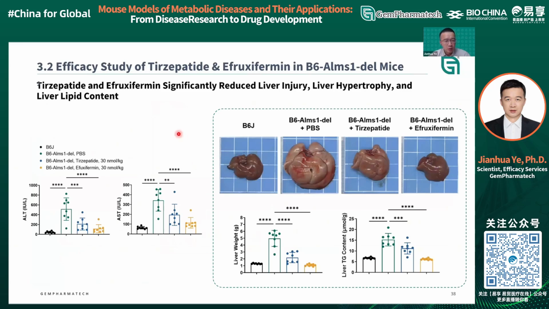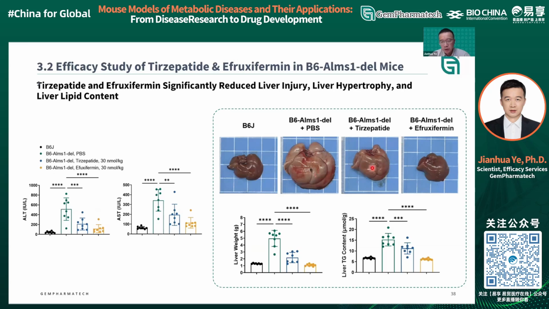And we also do a blood test to check the liver function. So the ALT and the AST level is reduced after the treatment with the two drugs. We collect the liver. So from this picture, we can see that compared to normal B6 mice, the AMS1 knockout mice, its liver is much bigger and it looks pale.